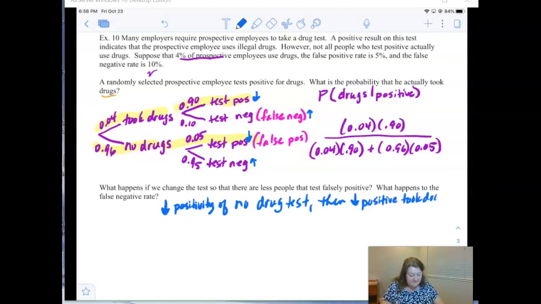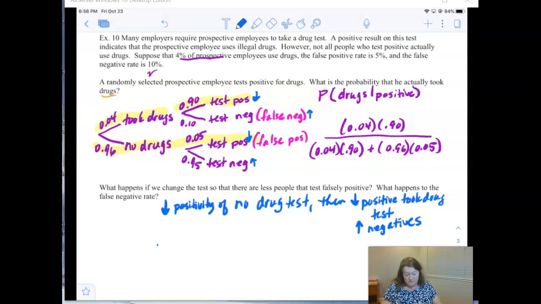It's still the same test. And if that happens, if we lower the positivity of the took a drug test, then we will be raising the negatives. Okay, all right, so those interact with each other.